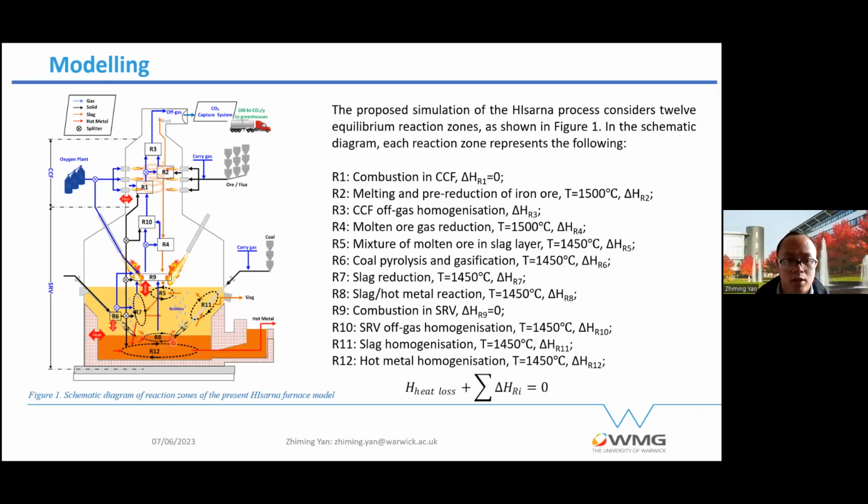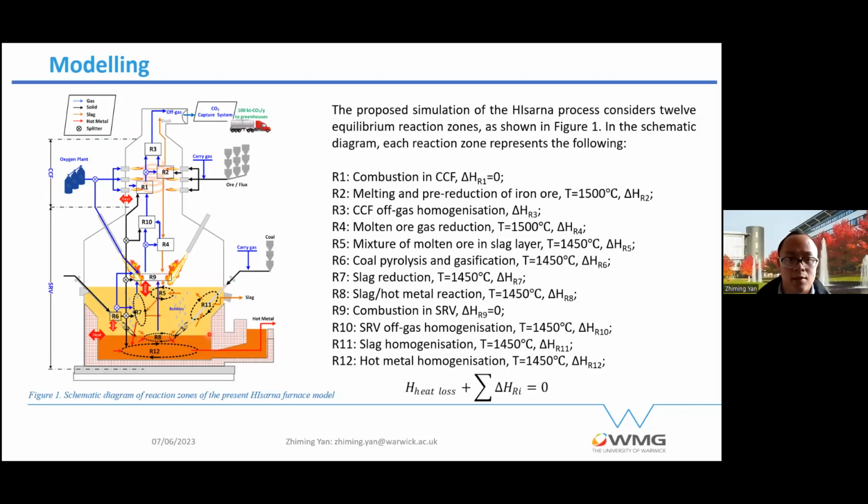And here, in reaction 8, we also consider the slag reaction with the hot metal. And then reaction 9 is the combustion. Oxygen is injected here, and the off gas produced, even a little bit of carbon particles, will be oxidized here and combusted to produce the heat required for the whole furnace.